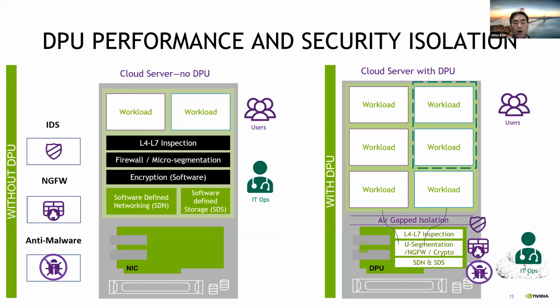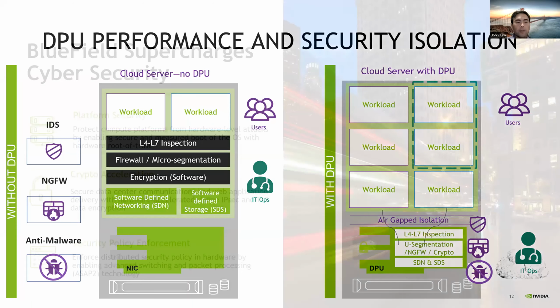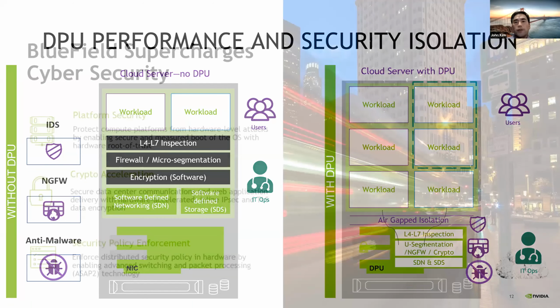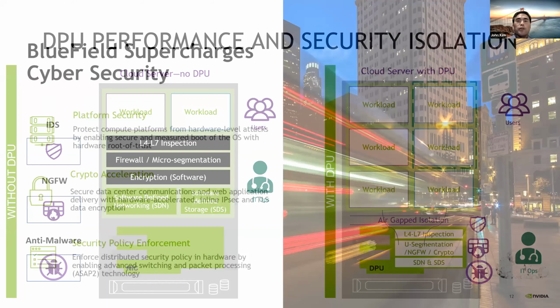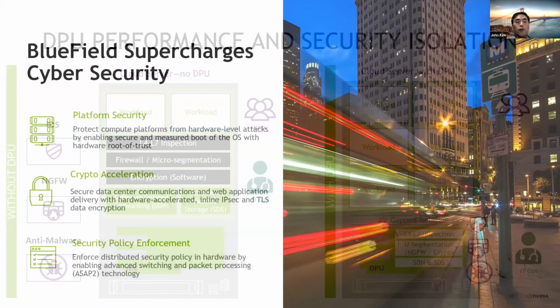So depending on what software, and Custodio will talk more about this in the webinar, but by running the security software on the DPU, it makes it much easier to detect threats that hit the server and contain them and prevent them from spreading. So that's what we mean by security isolation. So talking more about the cybersecurity, let's talk more about the specific use cases we have for the security.